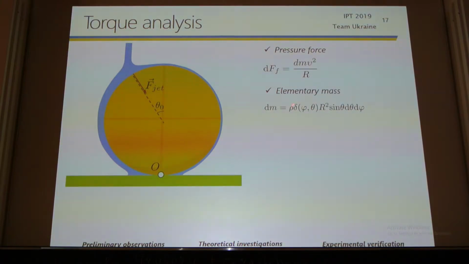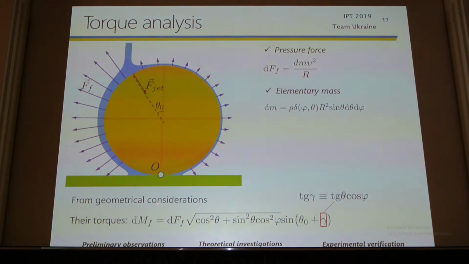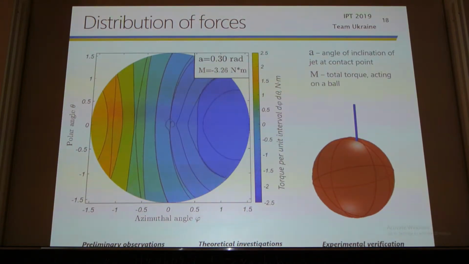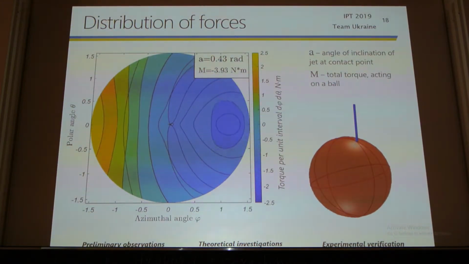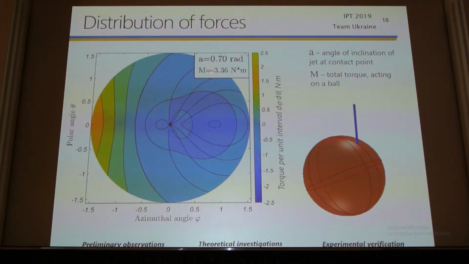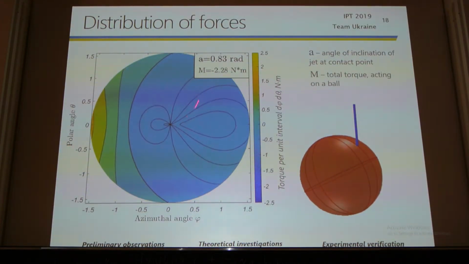As we know the thickness of the layer from the distribution of the mass rate in different directions, from geometrical considerations we can find the torque acting on the ball. In this animation you can see the distribution of these torques and the total torque, which changes as we change the polar angle. Indeed, as you can see, the total torque changes, and so does the distribution of torques.